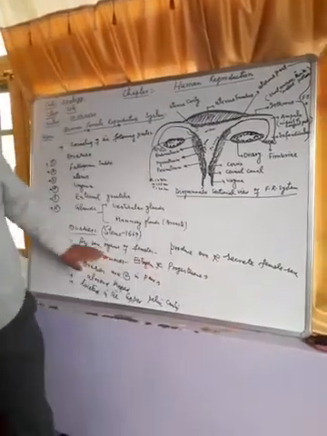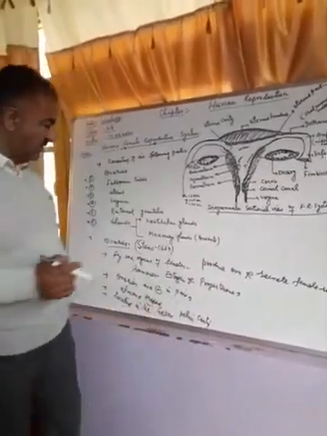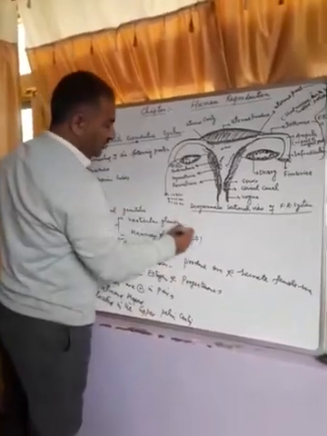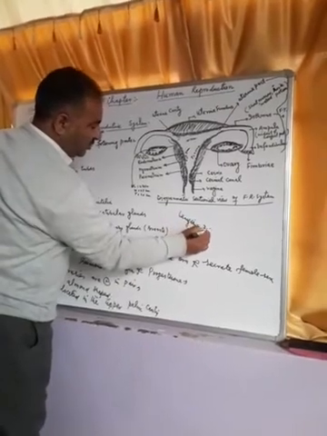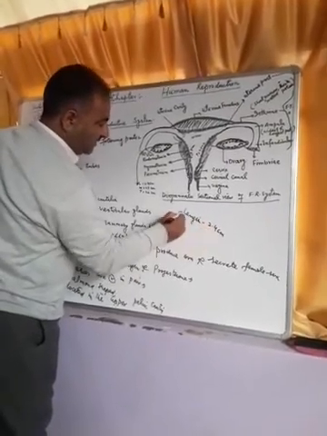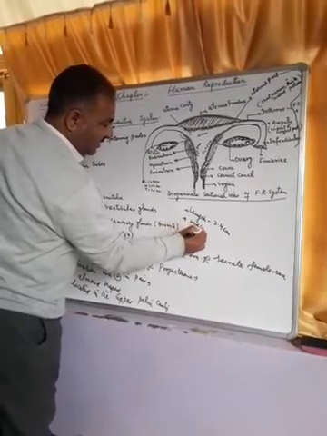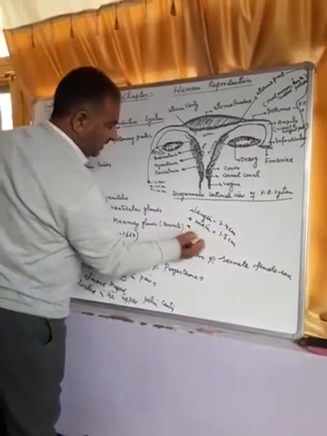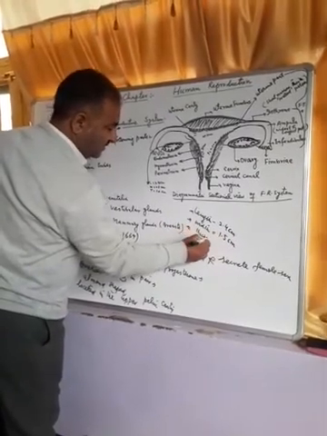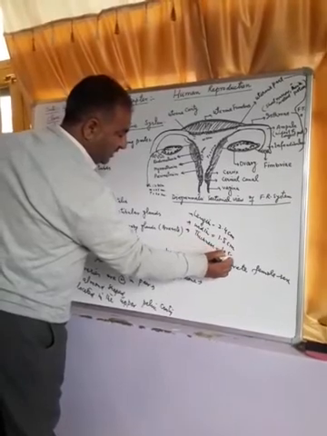So far as the dimensions of these ovaries are concerned, each ovary is about 2.4 centimeter in length, the width is 1.5 centimeter, and the thickness is about 1.0 centimeter.